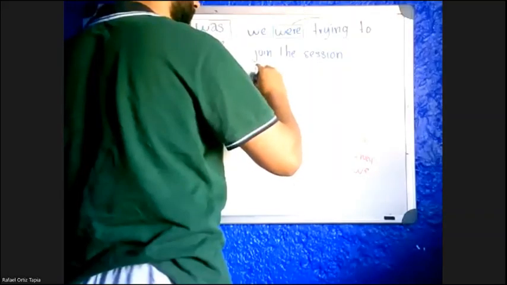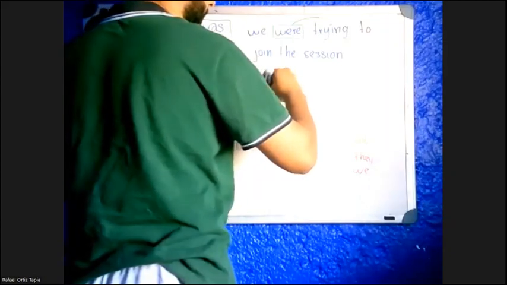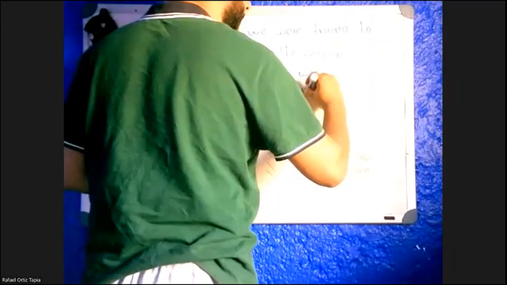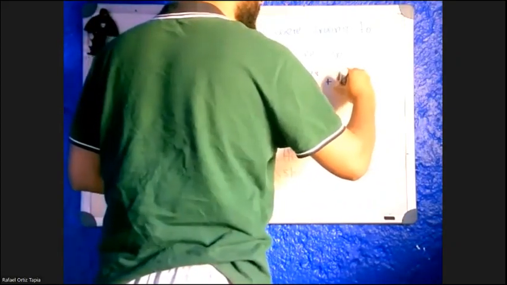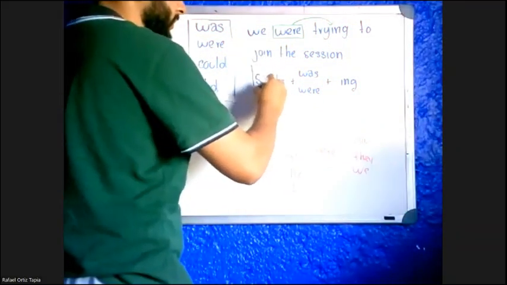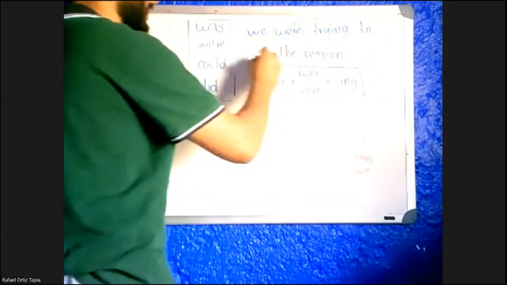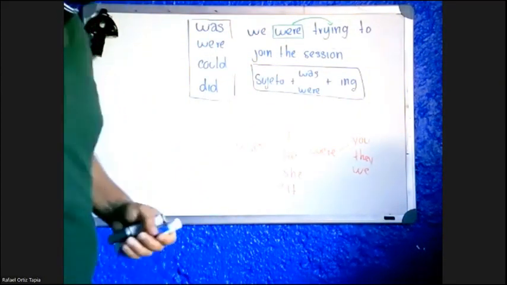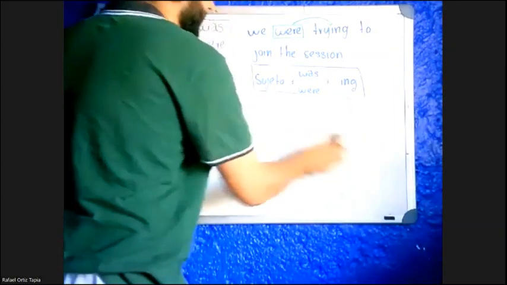Entonces, este tiempo, cuando ustedes combinan un sujeto más was o were más un verbo en ing, entonces tienen algo llamado pasado continuo. Esta estructura es entonces pasado continuo. ¿Ok? Entonces no hay que confundirlo porque son dos clases de pasado.